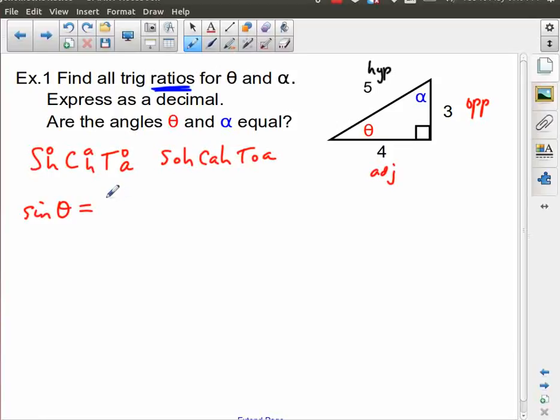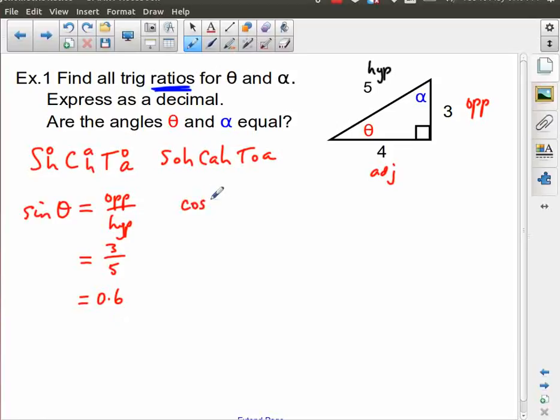So since sine is opposite over hypotenuse, well, what is opposite over hypotenuse? That's 3 divided by 5. And I said to express it as a decimal. This is going to be one of those cases where I'm actually telling you to go ahead and put it as a decimal, and that's equal to 0.6.